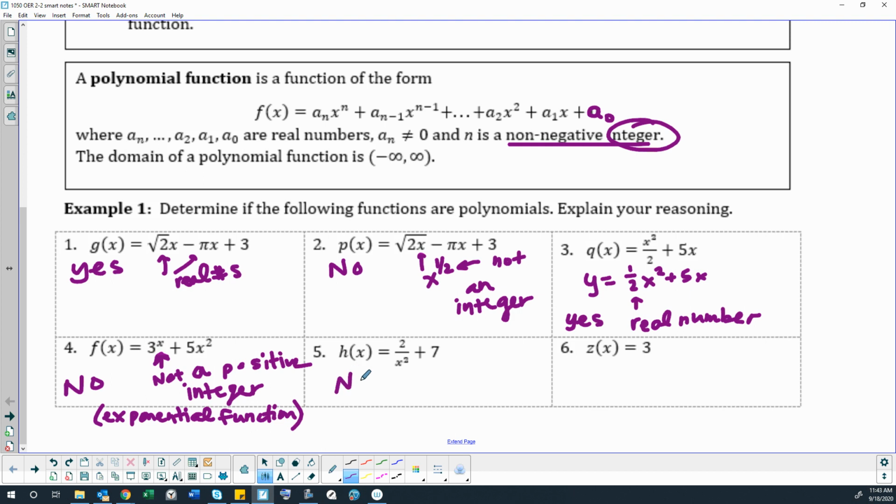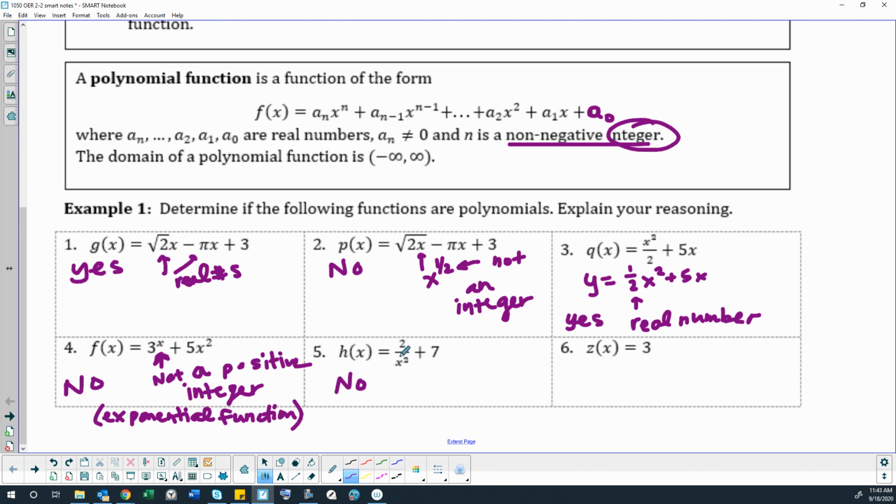Number 5, hopefully you've had a chance to think about it, is no. So yeah, so on number 4, since x is a variable, that number is going to change. Remember, this is a function. We're plugging in a number for x, we're getting out a value for y. It can't be a polynomial if that exponent's going to keep changing. It has to be a defined value.